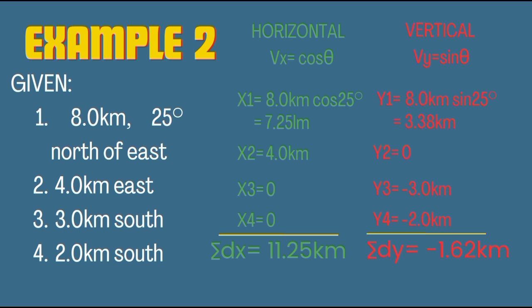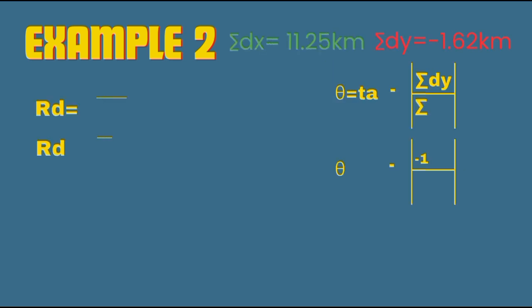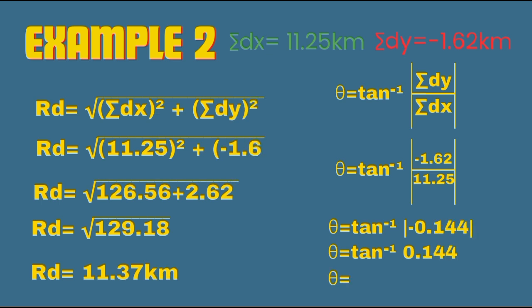And for the y3, negative 3 kilometers, because it only says south, and south is the negative part, so it will be negative, the same as the y4, negative 2.0 kilometers. And the sum for the x-axis will be 11.25 kilometers, and for the y-axis, negative 1.62 kilometers. To determine the radius, you must square the sum of both x and y.